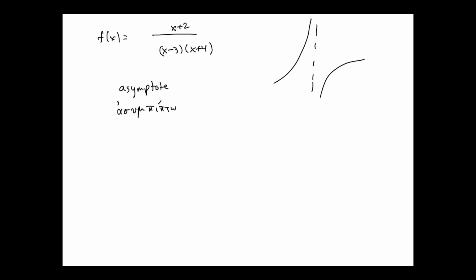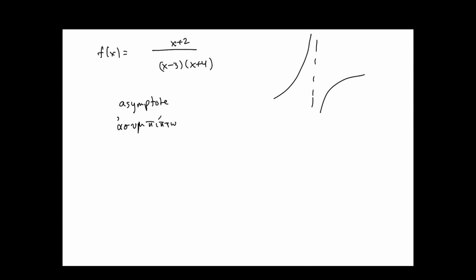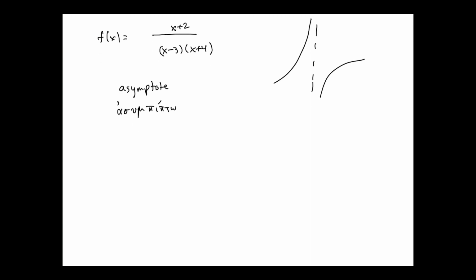Anyway, so what does it mean then for something to approach a vertical asymptote? Well, how could a curve get closer and closer to this vertical straight line without ever actually getting there? What does it have to do? It's got to basically become almost parallel to that line, which means it has to curve upwards or downwards, one of the two.